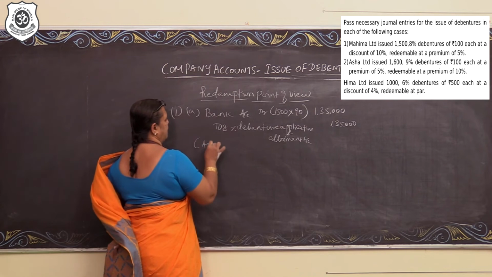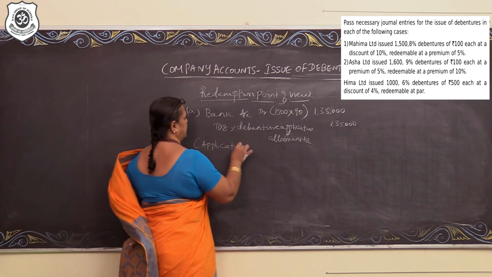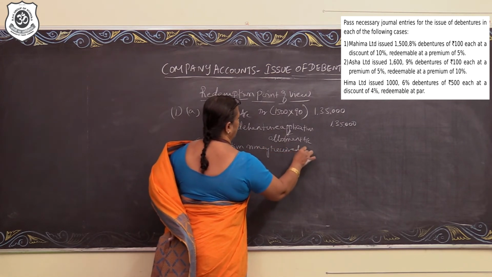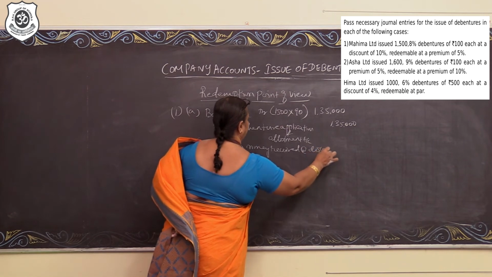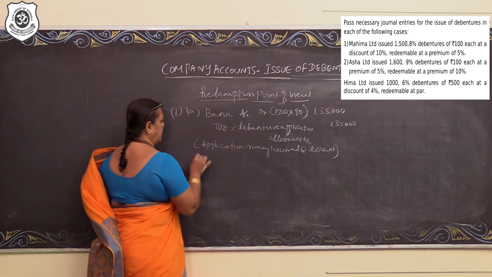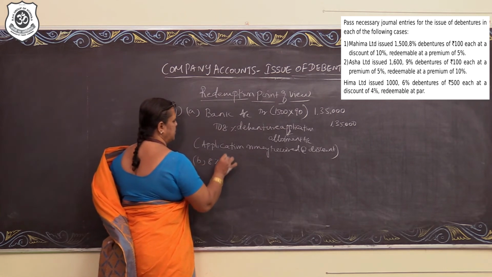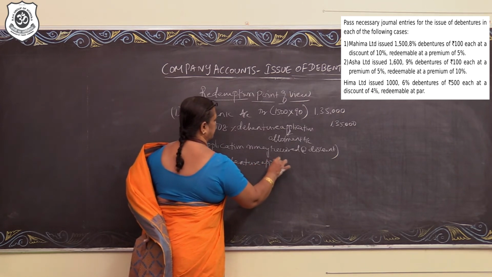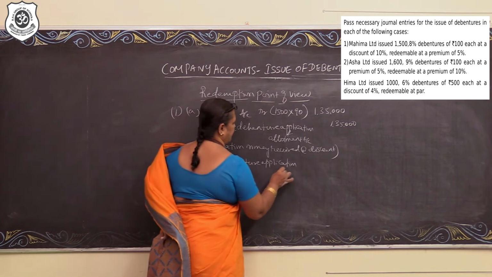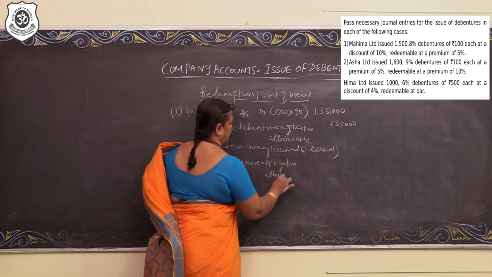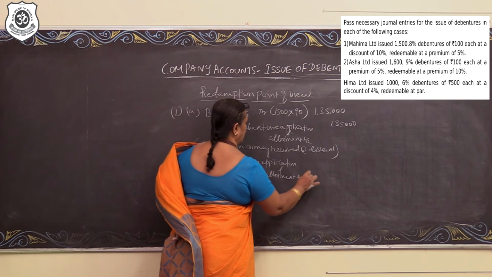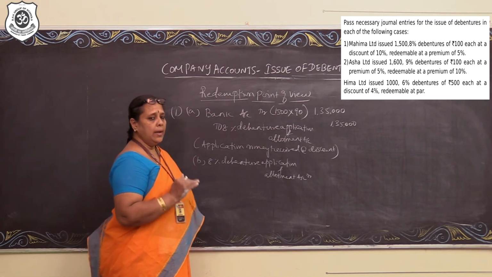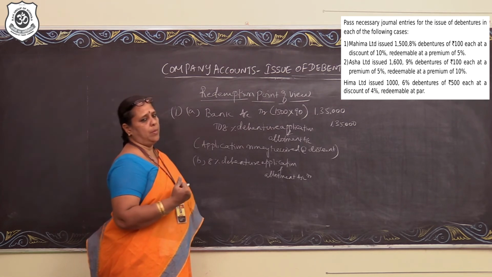Application money received at a discount. The second entry will be 8% debenture application and allotment account debit. Two types of entries I will pass for this, how to treat loss on issue and how to treat discount on issue and premium on redemption.